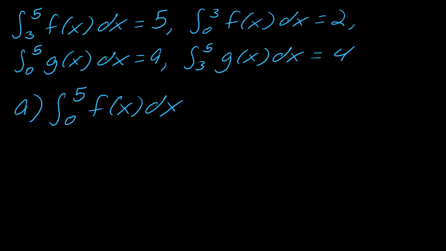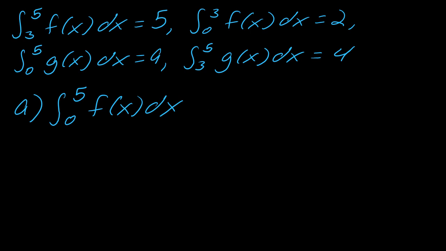I just want to use these properties to get you used to them. So let's say I want to find the definite integral of f of x from 0 to 5. I know these things about f of x.